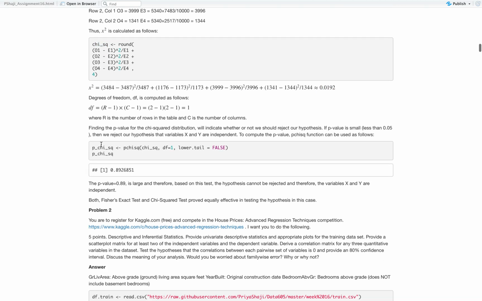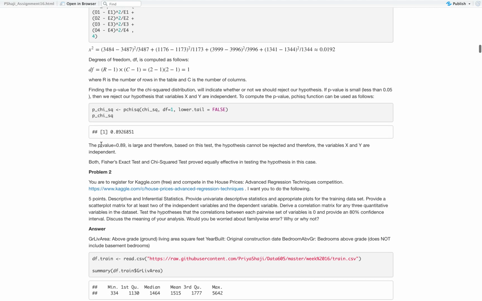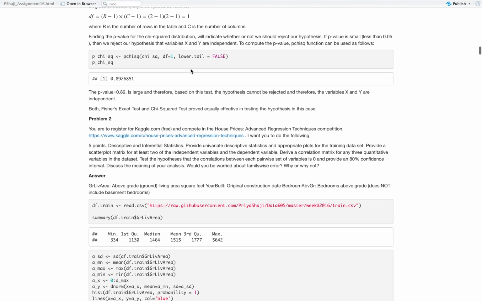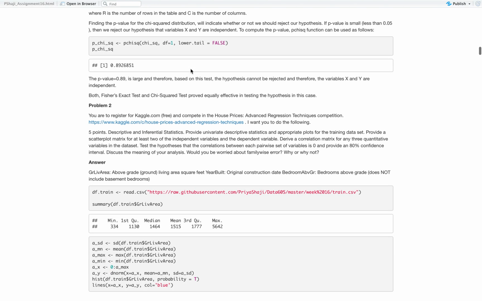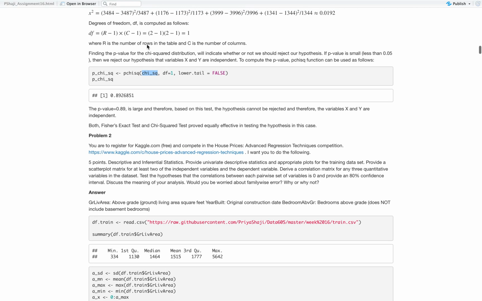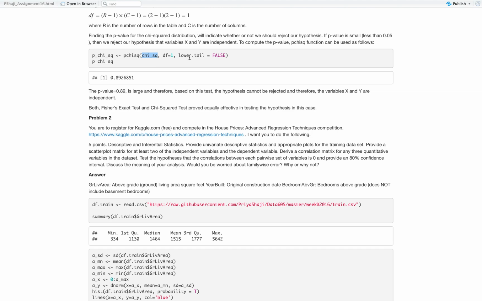Now the degrees of freedom is computed as follows: r minus 1 times c minus 1, where r is the number of rows and c is the number of columns. We get the value as 1. Now to find the p-value for the chi-square distribution, we pass the chi-square value that we just found to the pchisq function, setting lower tail as false.